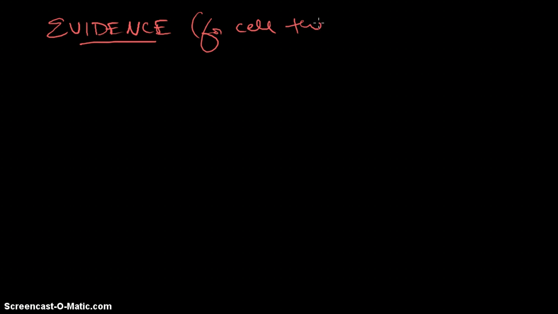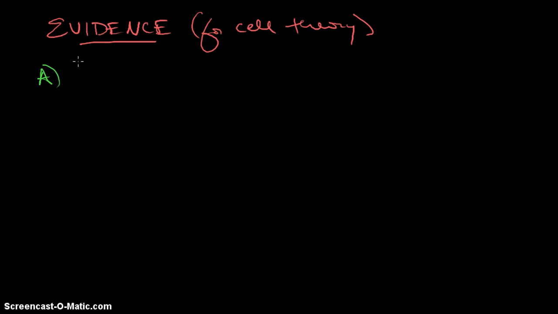So let's talk a little bit about evidence. I'm going to switch to a different color here. So this is evidence for the cell theory. So let's talk about the first tenet that we wrote down. Sorry, you wrote down.